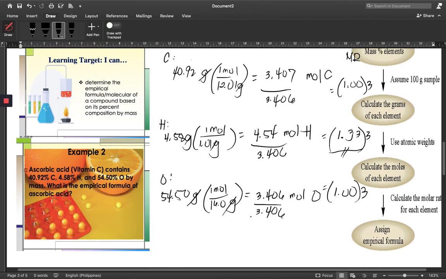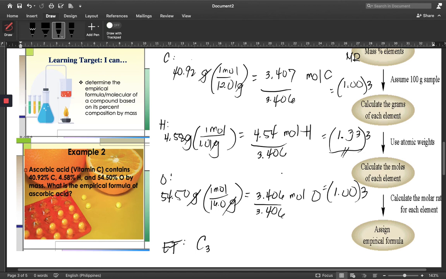And therefore, our resulting empirical formula is, for carbon, there are 3 moles, so we write the subscript 3. Now, for hydrogen, that's 1.33 times 3.